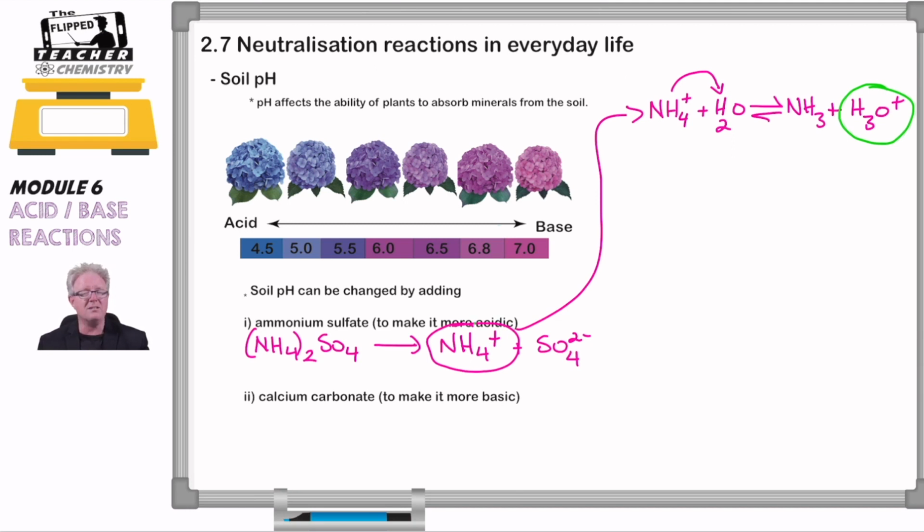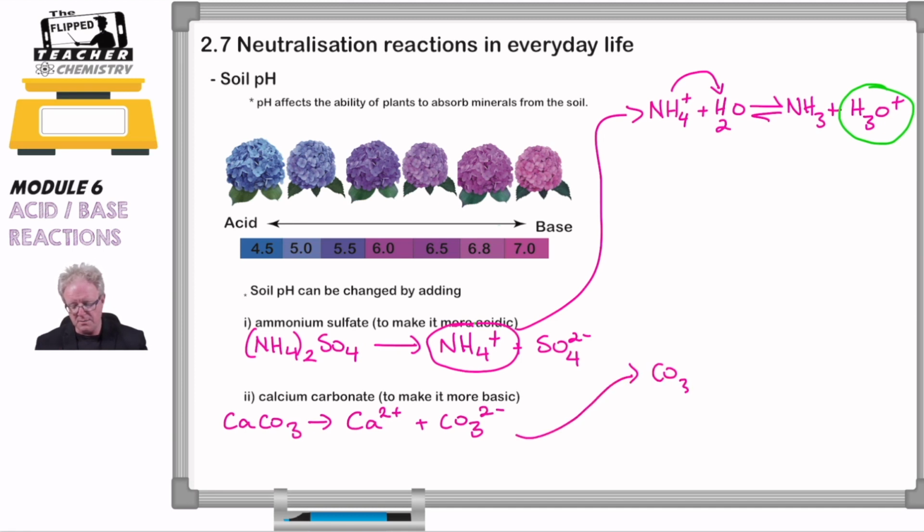Well, what about our calcium carbonate to make it more basic? Well, let's check that out. If we have some calcium carbonate, that will dissociate to give you calcium 2+ and some carbonate ions. Calcium is just going to sit there in the water, but something weird's going to happen with the carbonate. And this is what happens.